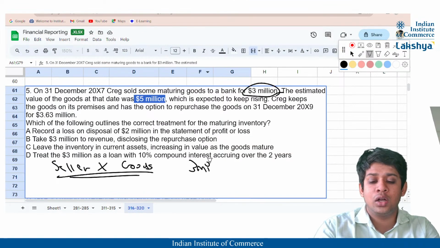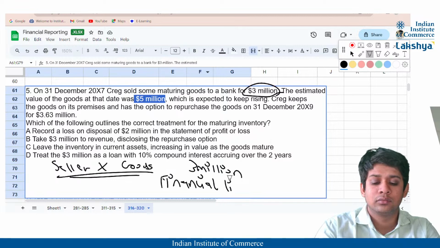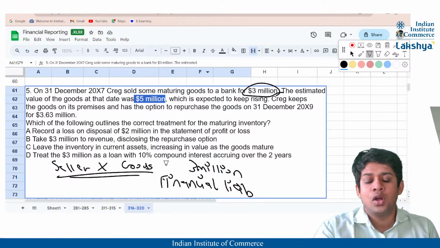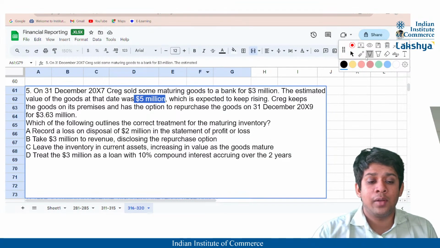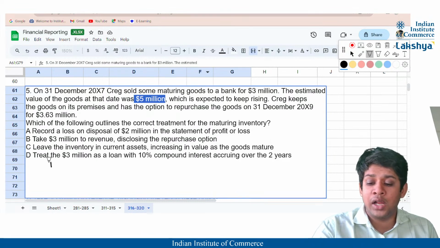For the sale he received $3 million. Whatever $3 million he has received will be treated as a financial liability. Always remember this. Now the $3 million he received today is treated as a financial liability.